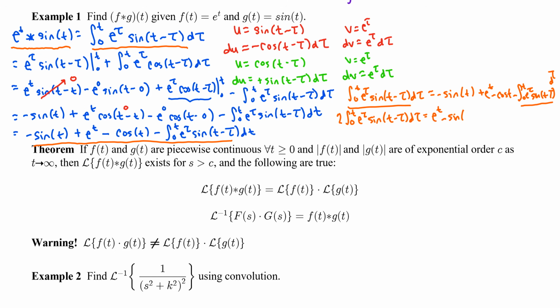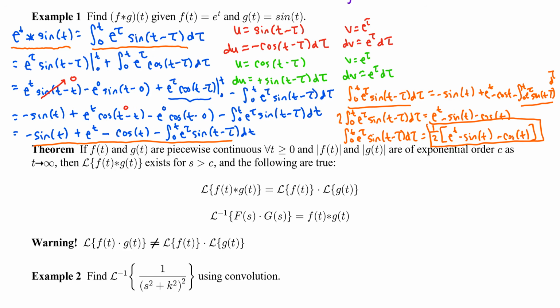Just makes it a little more readable. By the way, we do not need a plus c. So, solving for this integral, we can multiply both sides by 1/2, and we end up with e to the t minus sine of t minus cosine of t. And that is the convolution of e to the t with sine of t.